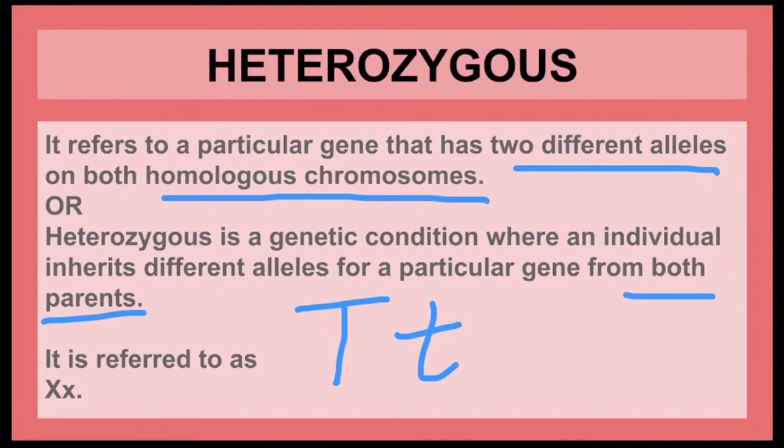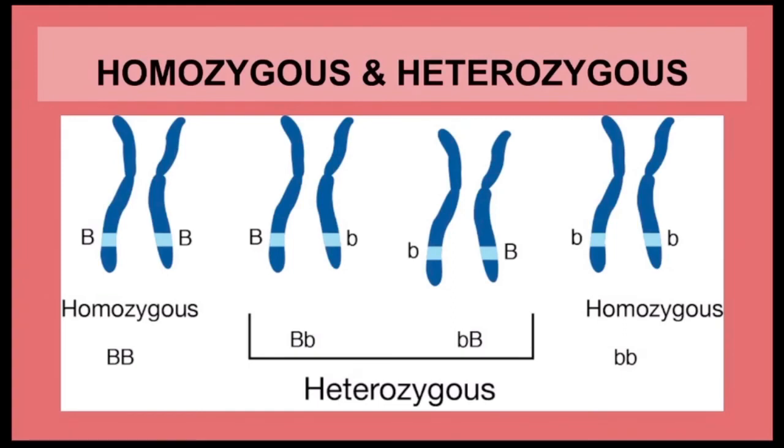So this type of condition is called heterozygous. In this diagram, homozygous and heterozygous are clear. This condition is called homozygous. This condition is also homozygous, while this condition and this condition are heterozygous.